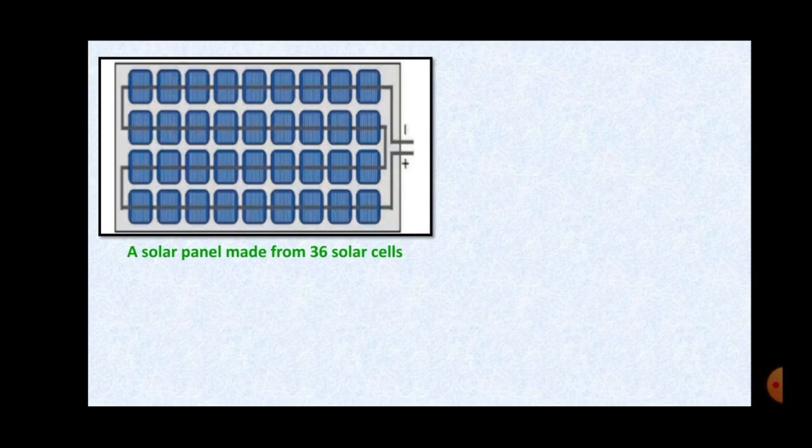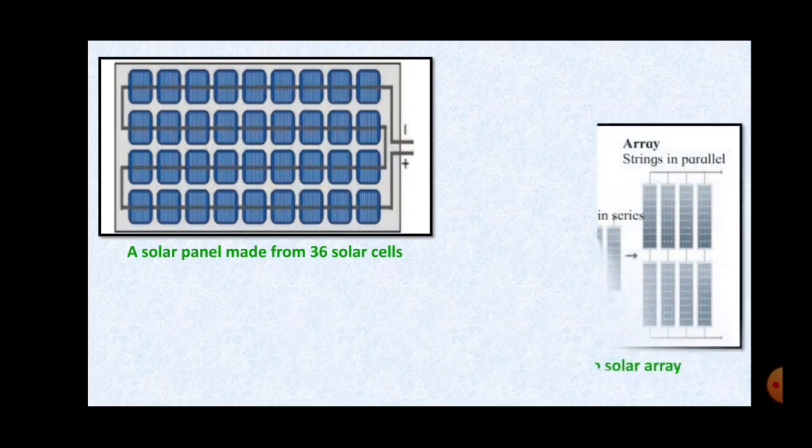That means if the whole solar panel receives 100 watt of power from the solar radiation, the electrical power output from this solar panel will be 15 watt. So 15% will be converted into electrical energy.